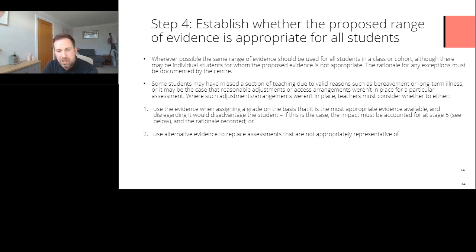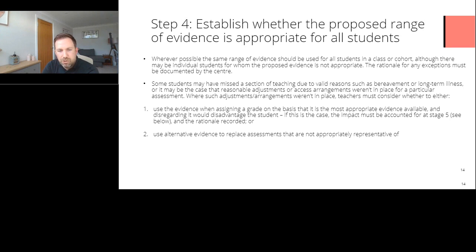Were they given access to the types of arrangements that we would normally provide them when completing an assessment? If they weren't, what type of impact would that likely have had on their abilities during that assessment? And how will you make sure that they're given access to those arrangements when producing evidence in the future?